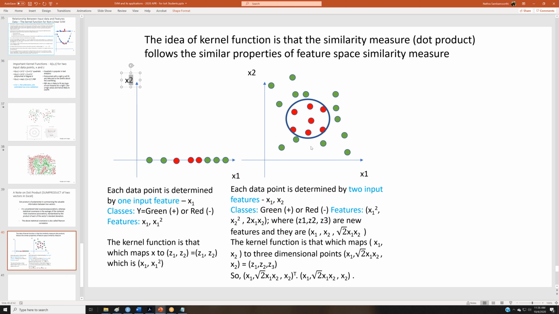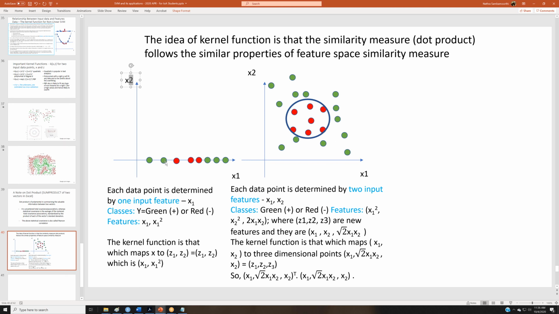Three-dimensional space means there is a dimension coming out in that direction, the third dimension, z3. In that dimension, the red points are elevated. This plane cuts it in such a way that all the red points are above and the green points are below, so we get the separator.